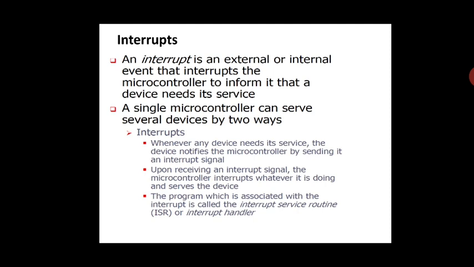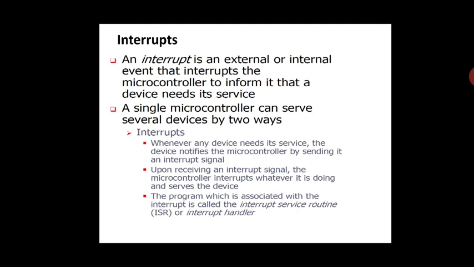It means that if an external device is connected to the 8051 and it requires a service, it will send a signal. This signal we call an interrupt. To whom is it an interrupt? It is an interrupt to the 8051. When the 8051 sees this signal, it will give service to the device which has raised the interrupt.